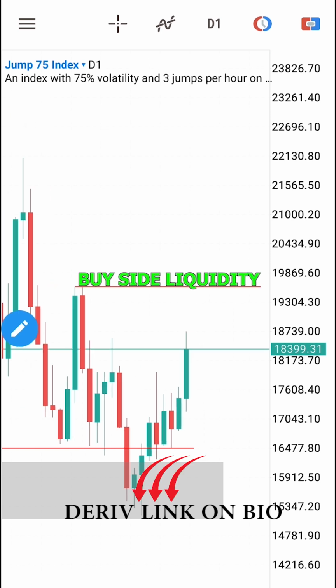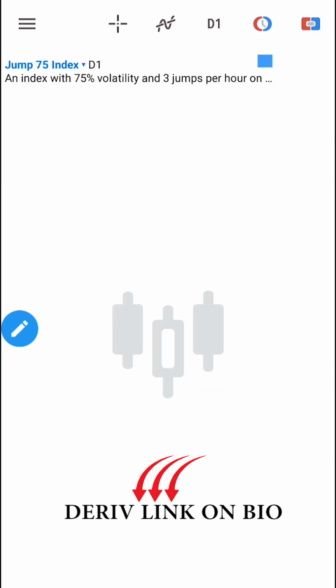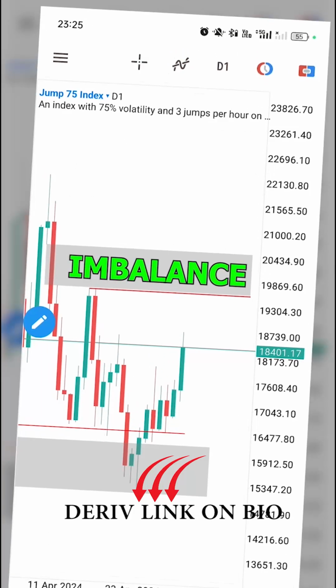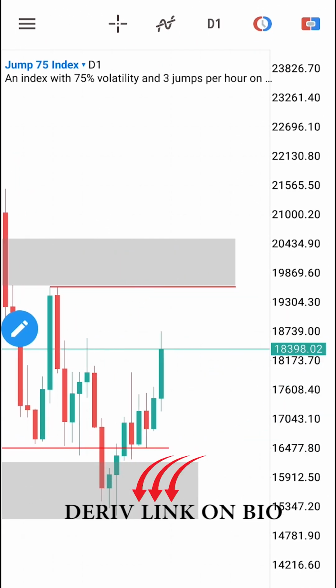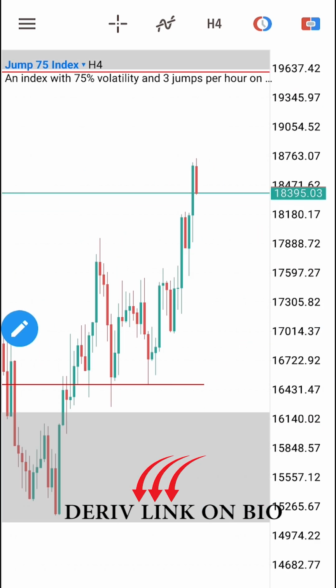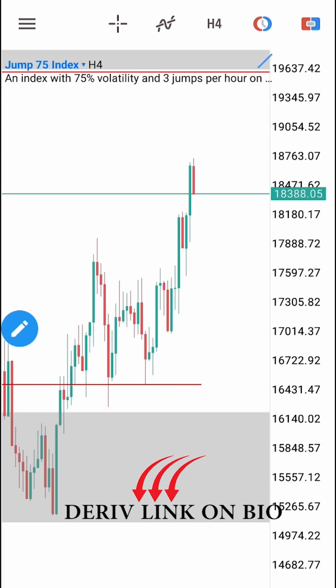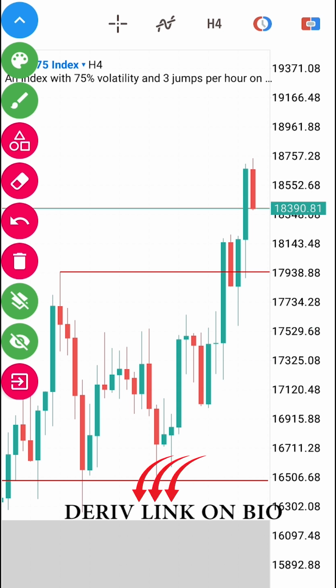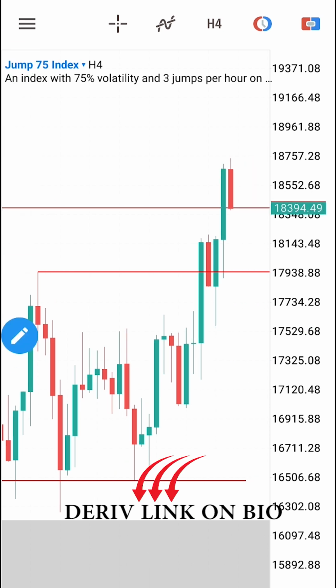So our price has been headed for the buy side liquidity above there, which has an imbalance above it as well. So that area is the one that I believe is pulling price. That's why I'm a buyer. So price broke structure above that high as well, and you can see the manner in which price broke the structure, like I was saying.